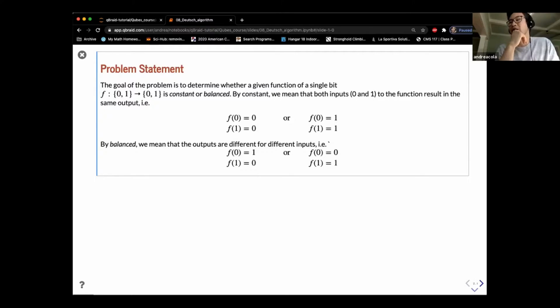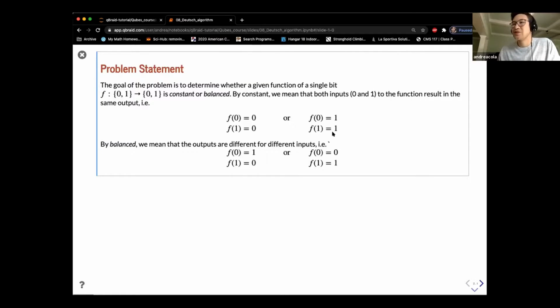By constant, what we mean is that both of the inputs, 0 and 1, yield the same output. Meaning that f of 0 is equal to 0 and f of 1 is equal to 0. That's one possibility, or both of the inputs map to 1. So either both of the inputs map to 0 or both map to 1.